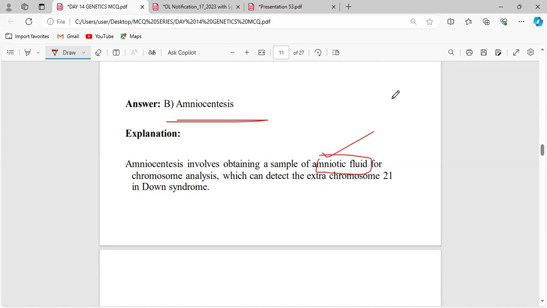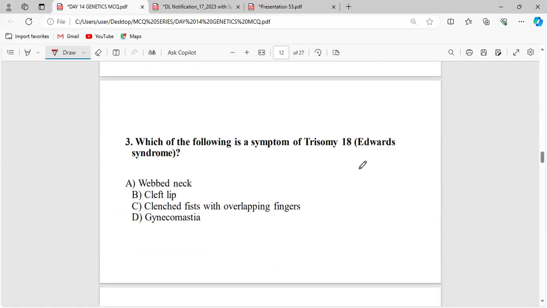By taking this fluid we can easily conclude whether this baby has Down syndrome or not. Which of the following is a symptom of trisomy 18, that is Edwards syndrome? Webbed neck, cleft lip, clenched fist with overlapping fingers, gynecomastia.